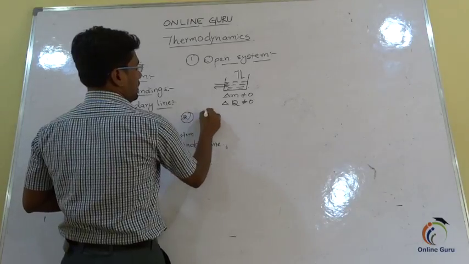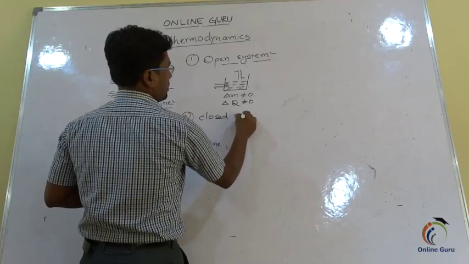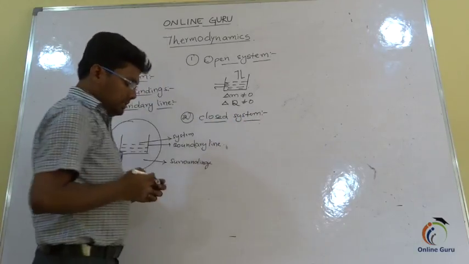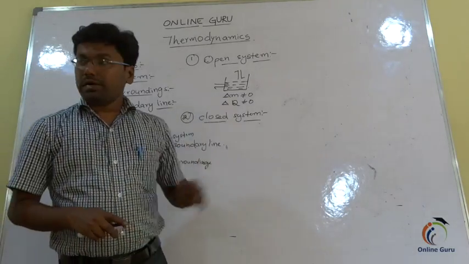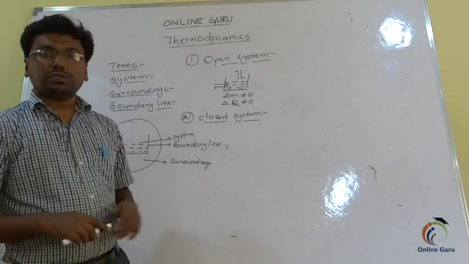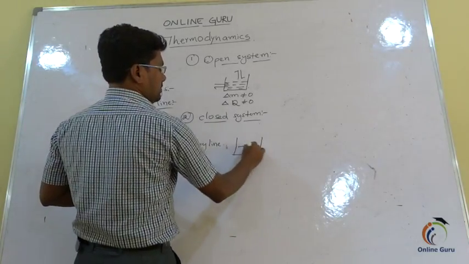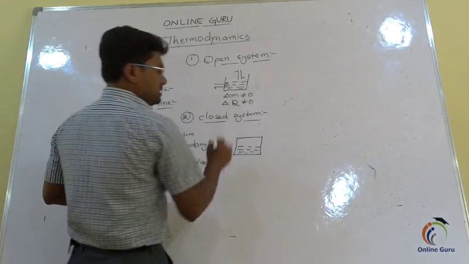Next, the closed system. What does closed system mean? A system which can exchange only heat but not matter is called a closed system.